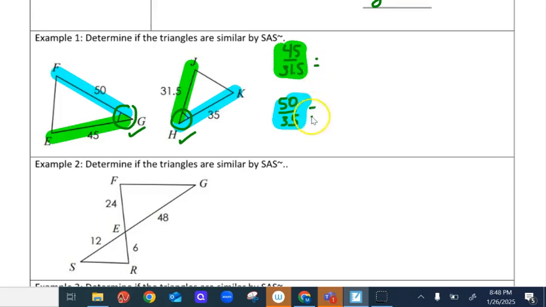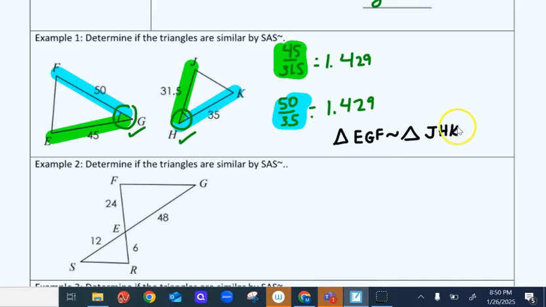This time I'll do a decimal so you can see what that would be. They both wound up being the same decimals, so we can say that triangle EGF is similar to JHK, and make sure you name the corresponding sides. So I did the green, then the blue, green, then blue.